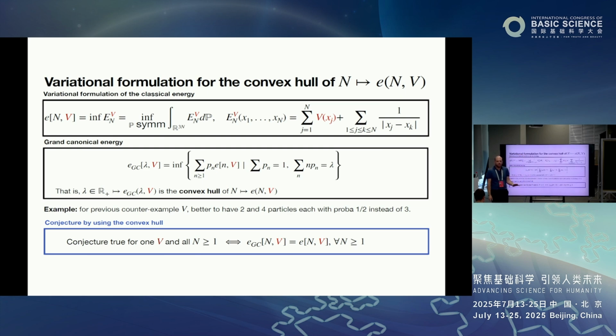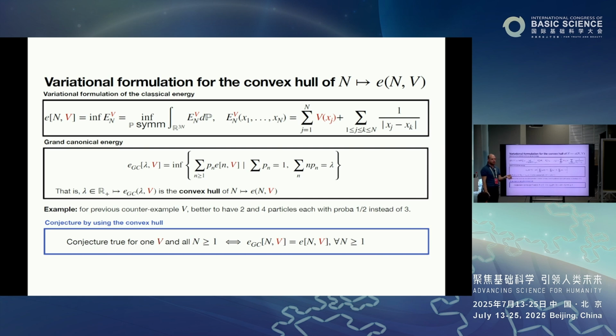Of course, if En is not convex, it means that it lies above the graph of the grand canonical one, because the convex hull is actually the largest convex function below my function small e n of v.